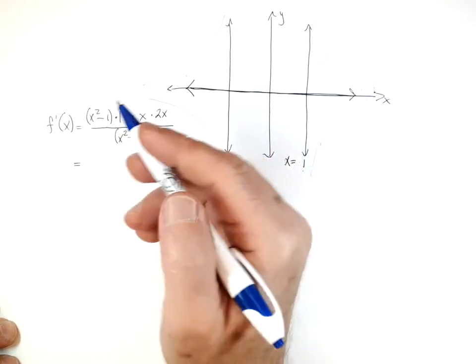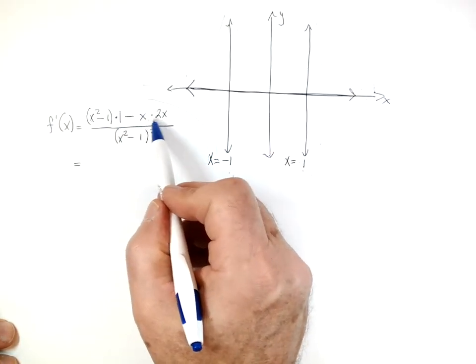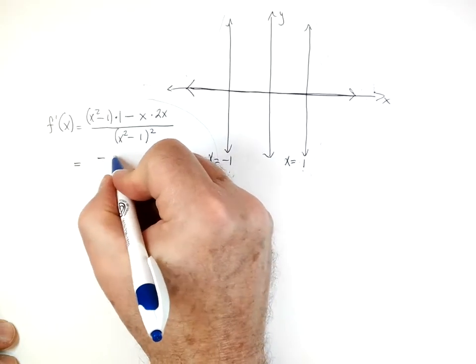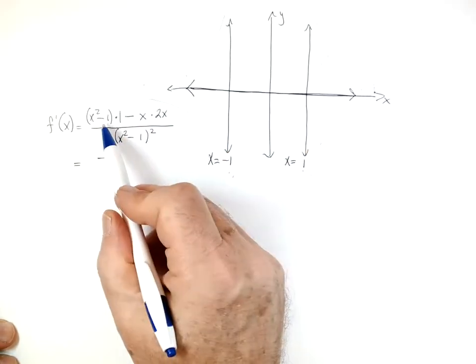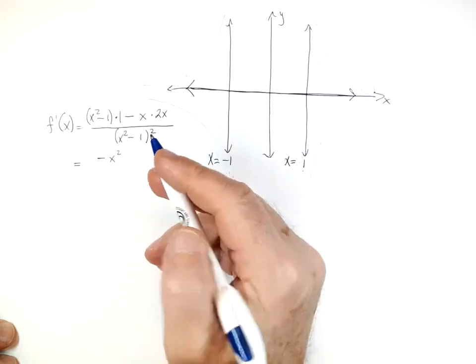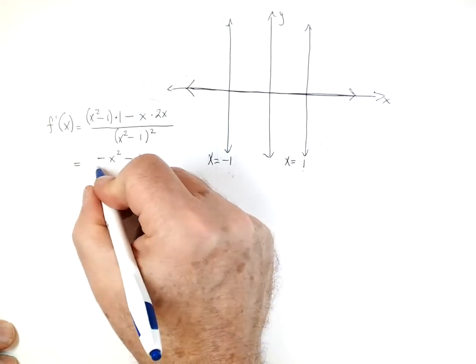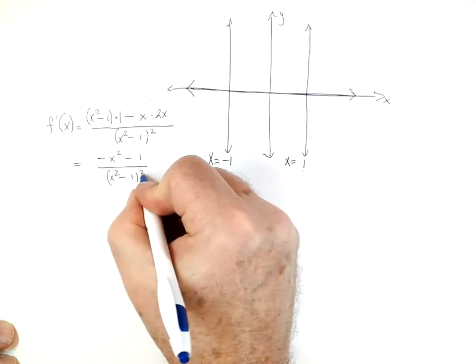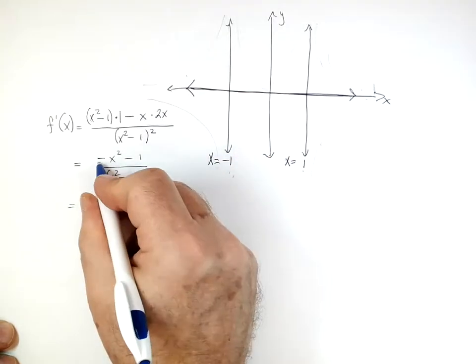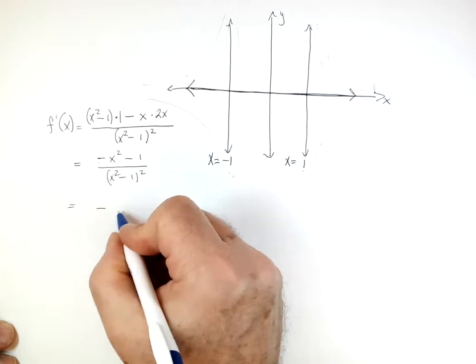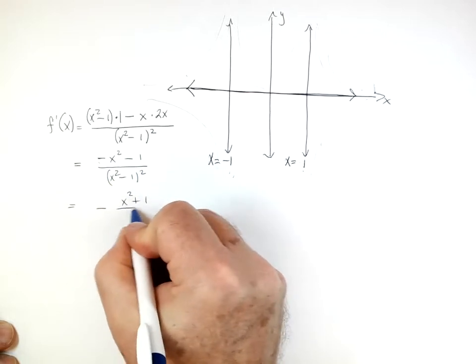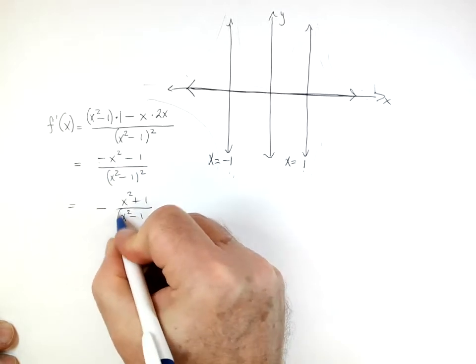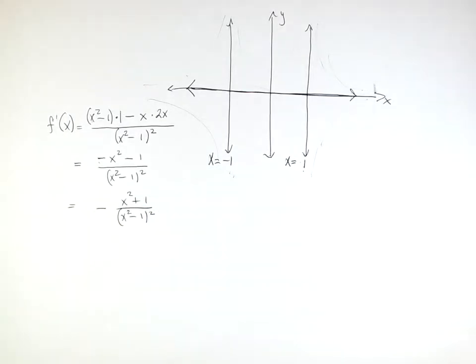That's equal to, we have an x squared minus a 2x squared, and we have a -1 here. We have an x squared minus 1 squared here. I'm going to take a -1 out of these two, and say negative x squared plus 1 over x squared minus 1 squared.